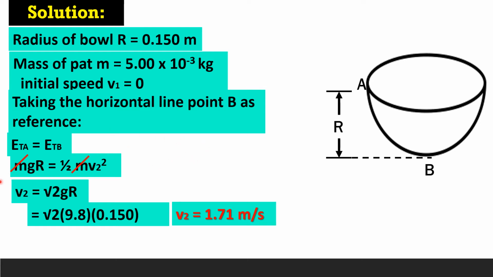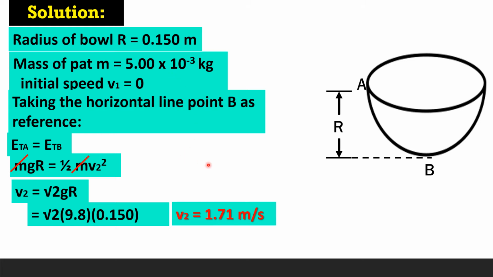Now, what does this suggest? Why do you think the mass that we canceled from this equation, what does that imply about using the law of conservation of mechanical energy? It simply means that the mass of the body, which actually was given, is not really that important.